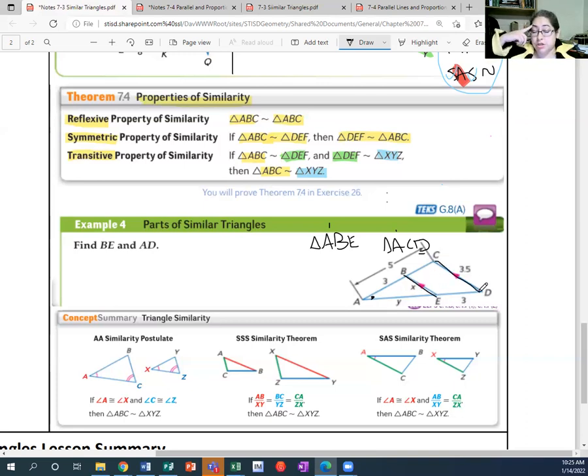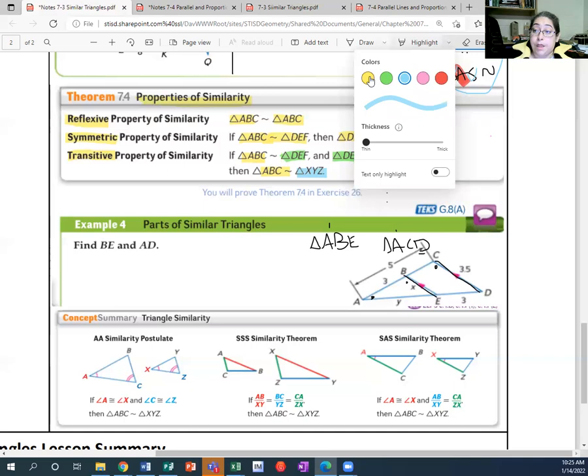Thinking back again to our parallel lines and transversals, if I think of, say, maybe this line as a transversal, I get this angle and this angle as corresponding angles. And corresponding angles are congruent. So B and C are congruent to each other. I have two angles congruent in these two triangles. These triangles are similar.